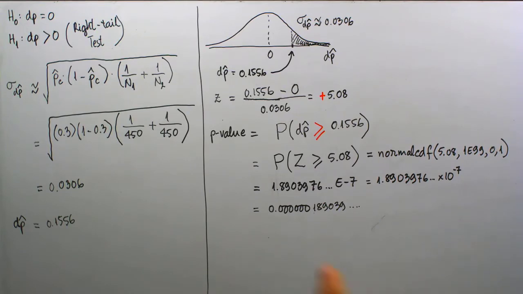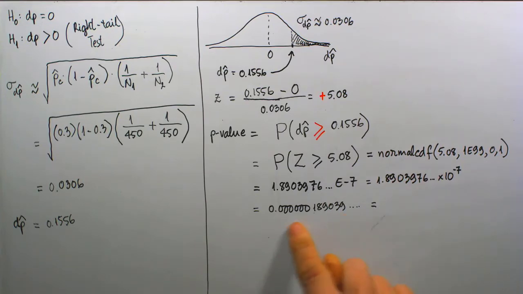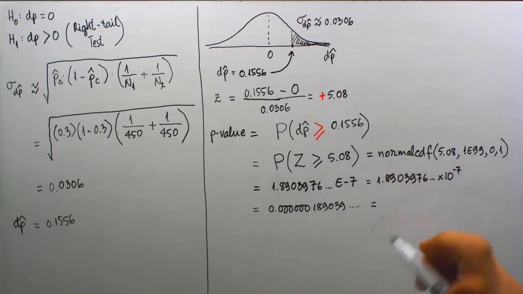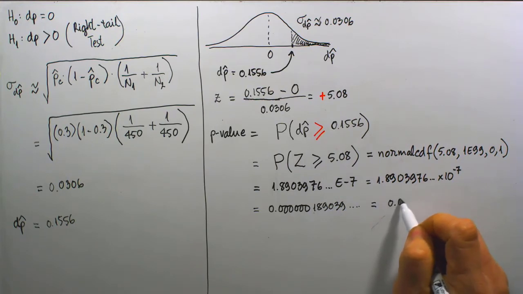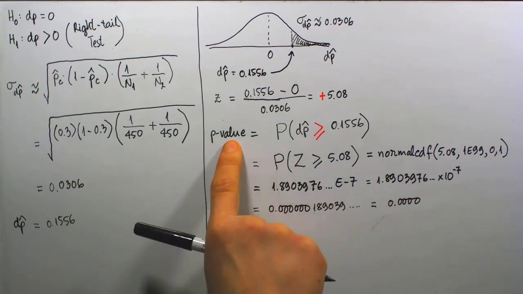And so now in this video lesson, I am going to round our final p-value to 4 decimal places. So this lengthy decimal right here is rounded to 0.0000. So this is our final p-value rounded to 4 decimal places. So for anyone working on this kind of problem, make sure you watch for the rounding requirements of your final p-value.